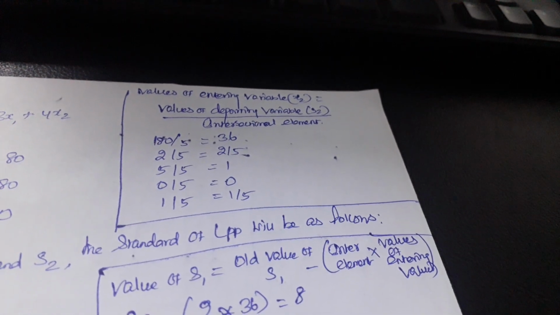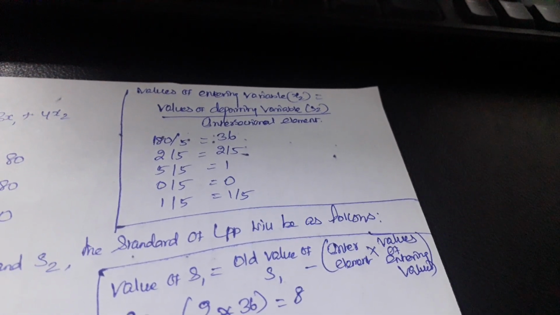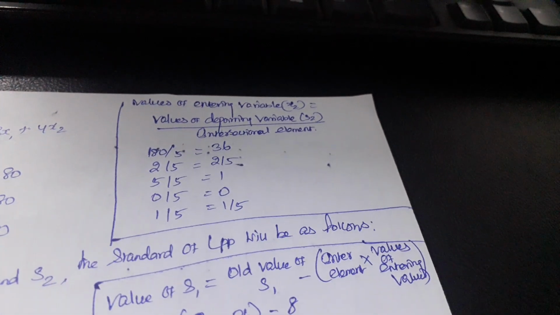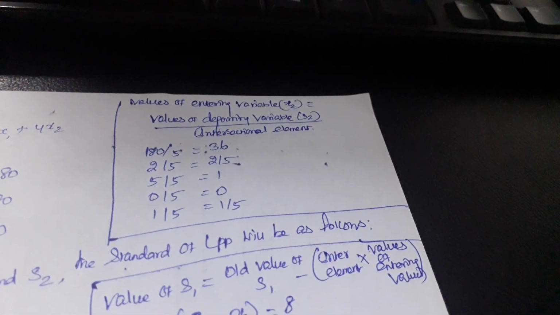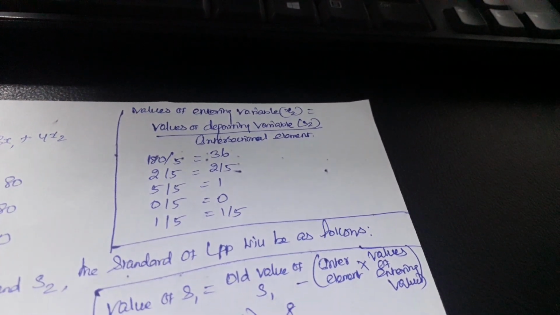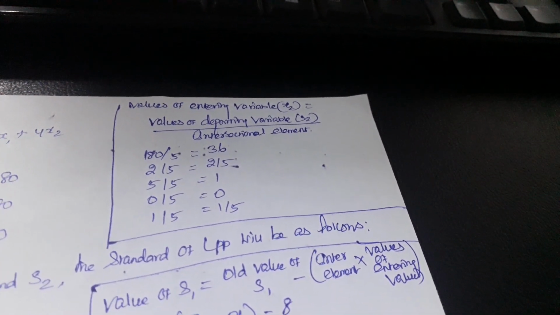Here the departing variable is S2, so 180, 5, 0, 1, which would be divided by 5.